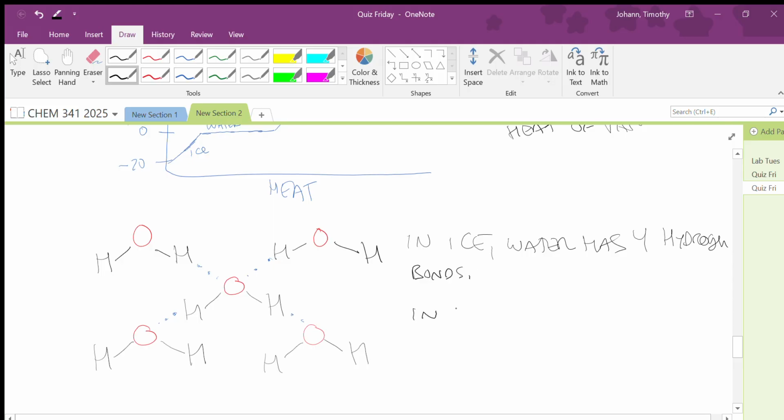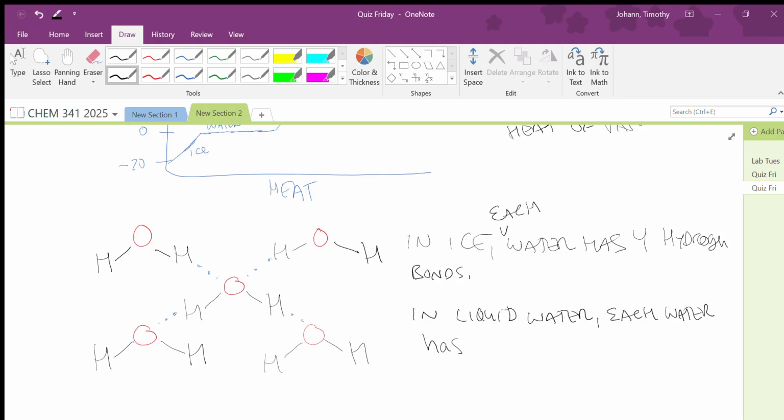In liquid water, each water has, how many do you think? I was surprised when I learned this.